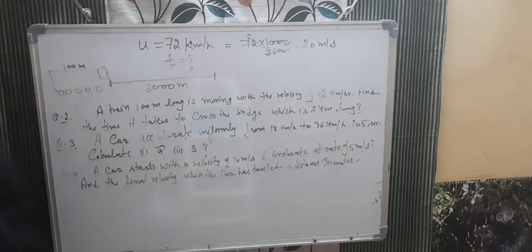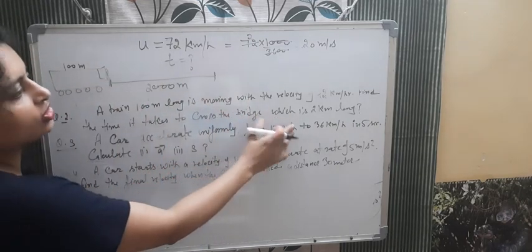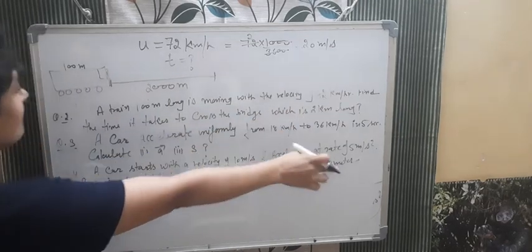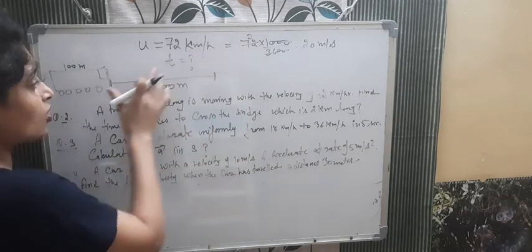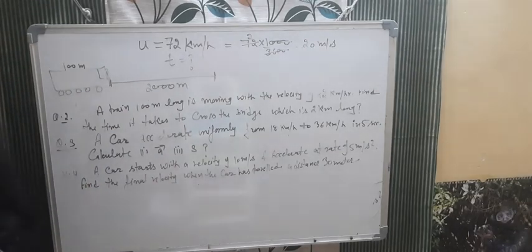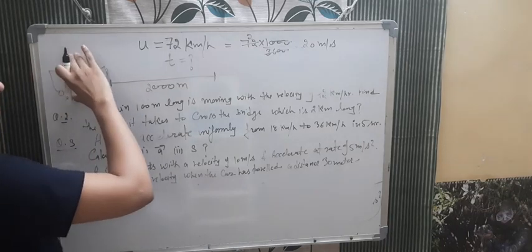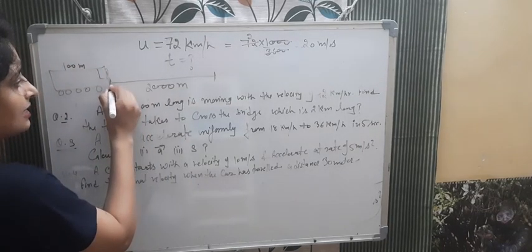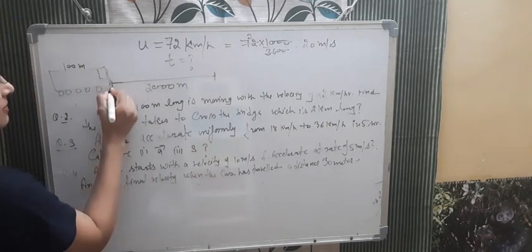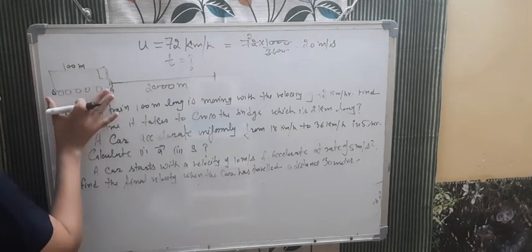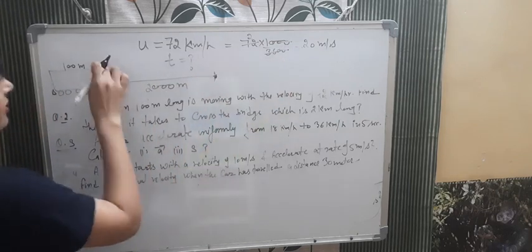Understand the question well now. Listen again, I am repeating. A train 100 meter long is moving with a velocity of 72 km per hour. Find the time it takes to cross the bridge. It has to cross the bridge completely. So see, how much the distance will be is important, otherwise it is very easy. 2000 meter here, 100 meter this. When it crosses, it means its starting point, when it comes here, is not yet crossed, because the ending point, for example the starting is A and the ending is B. When ending point B comes at this point, the distance covered will be 2000 plus 100 of this train also.